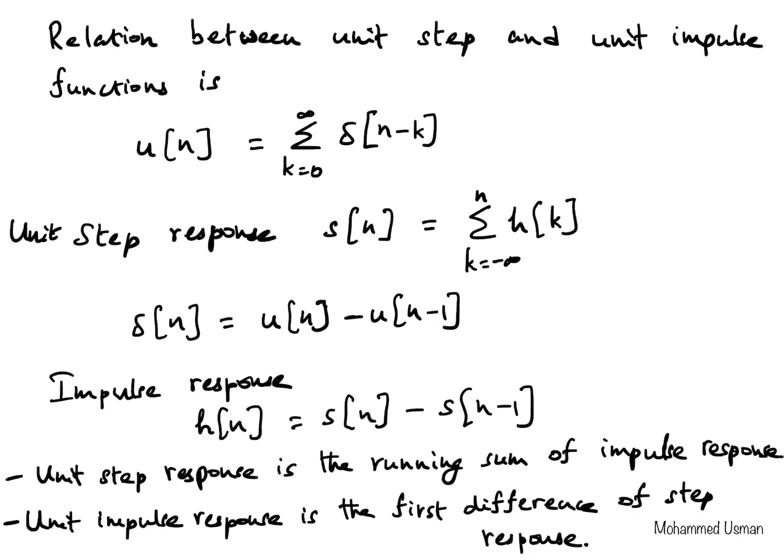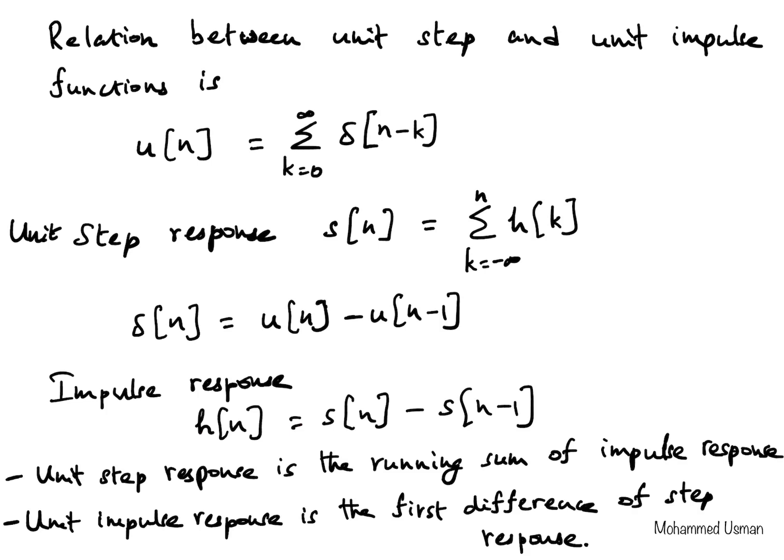But rather than the first difference, the opposite of integration would be differentiation, because we have a summation here, so we use the first difference in the discrete time case. In the continuous time case, we are going to have the integral here. So the opposite of the integral would be the derivative. So we can find the impulse response as the derivative of the step response.